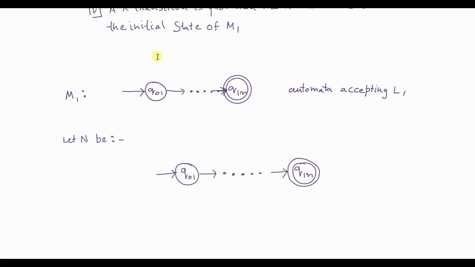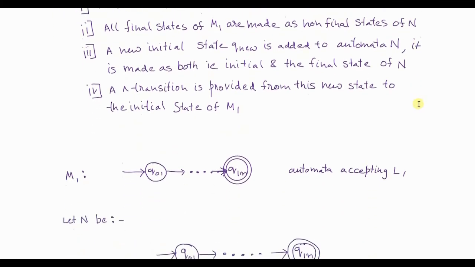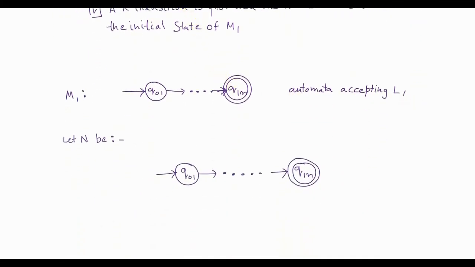So what I have done in this resultant automata, I have added all the states and transitions of the machine M1. First step. Second, all the final states of M1 are made as non-final states of the machine N. So if there are any final states, those final states are made as non-final states of machine N. So Q1N, which was the final state of the original machine, now it is made as non-final state.